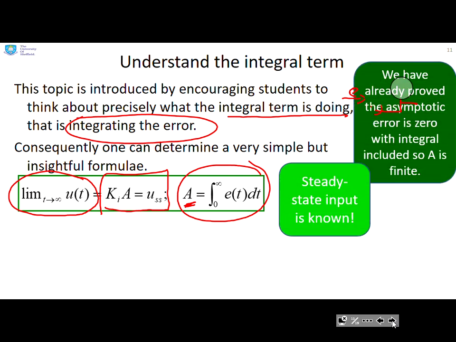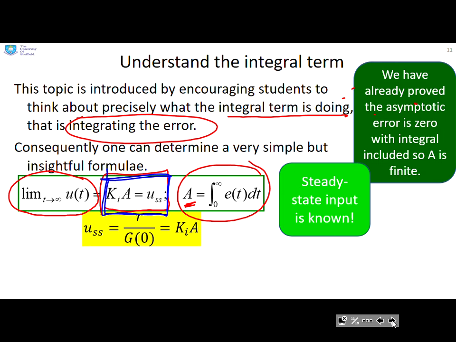So we know that the error is 0 asymptotically with integral, so we know that A is bounded, and therefore the steady state input is known. The steady state input is given by this formula here. Ki times the area equals USS.